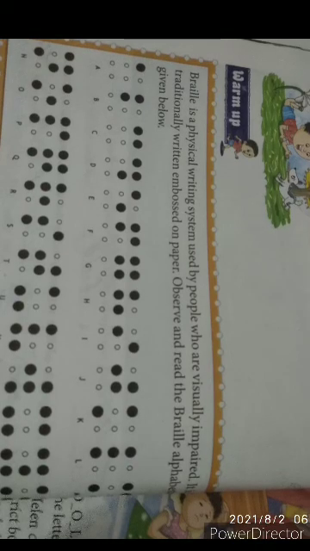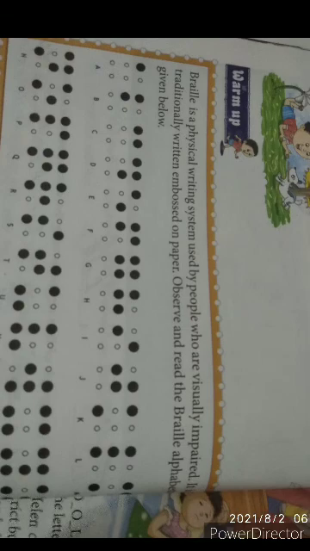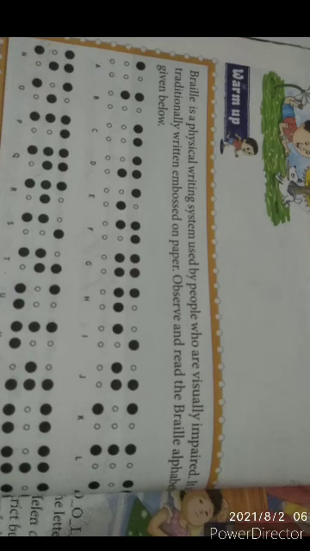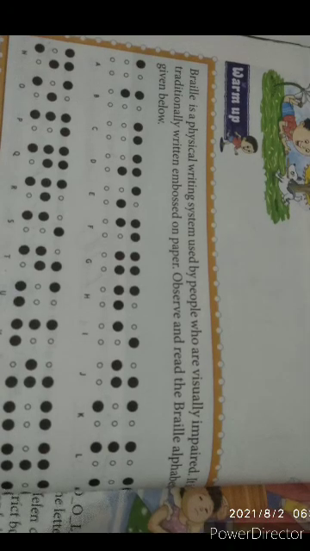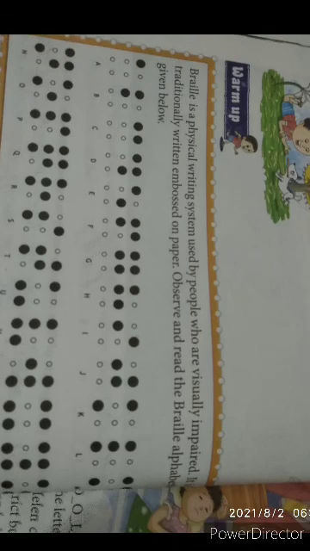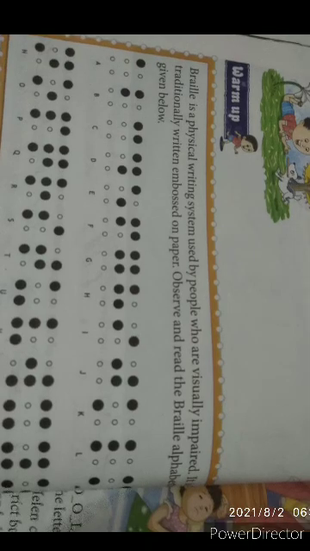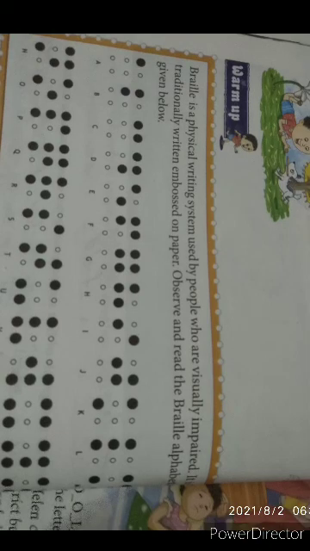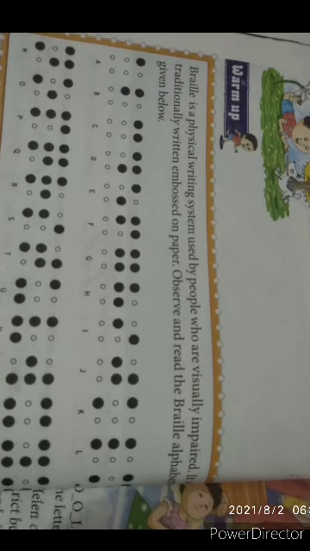Their eyes will be blind. Such people are called blind. Deaf means people who cannot hear. Such people are called deaf. Helen Keller was blind and deaf, and then she also became a world famous writer.